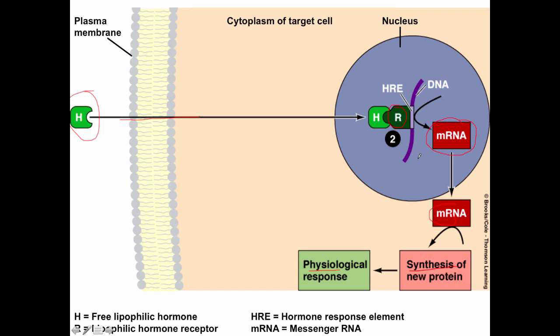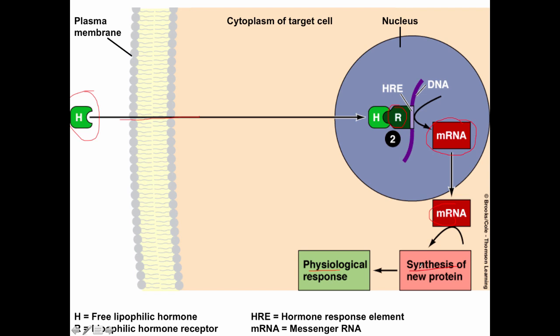So when thyroid hormone binds to the receptor, it increases the production of these sodium-potassium pumps. That means that the cell is going to consume more ATP and therefore needs to produce more ATP, and so it increases cellular metabolism.